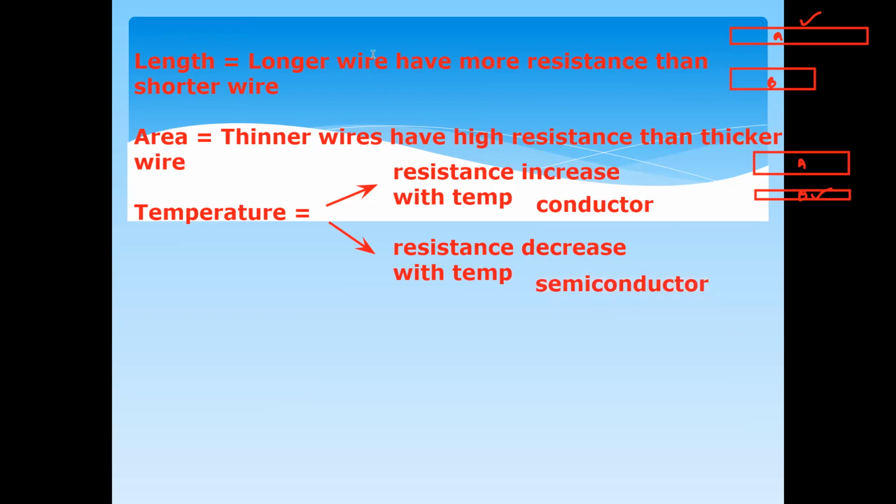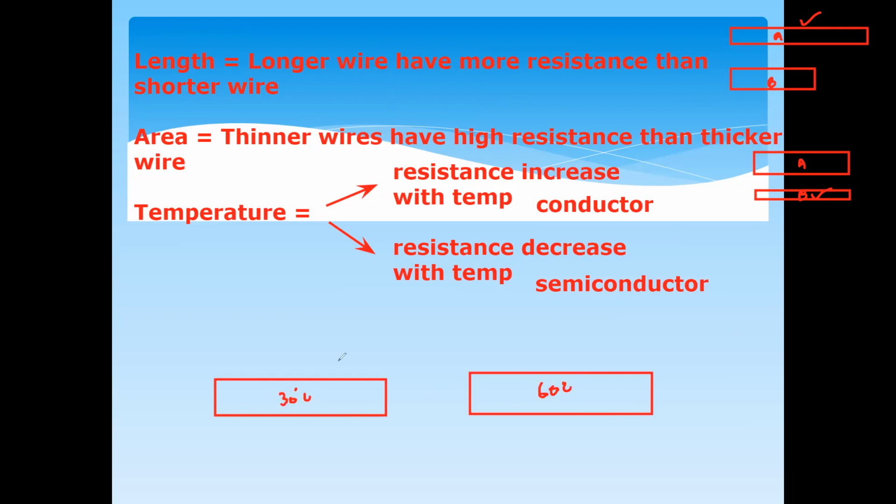So if we have a conductor like a copper wire, and two copper wires of the same size and same length, one at 30 degrees and another at 60 degrees, which wire will have a high resistance, A or B?